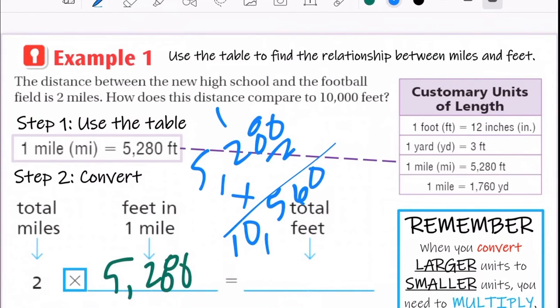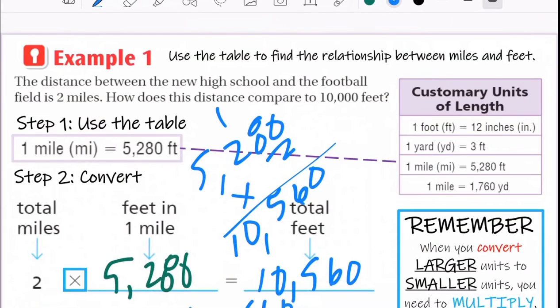And if you want to use a calculator to double check your work, I'm all for that. So our answer is 10,560 feet. 2 miles equals 10,560 feet.